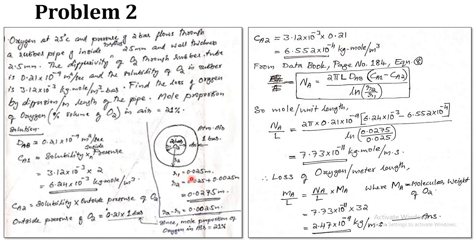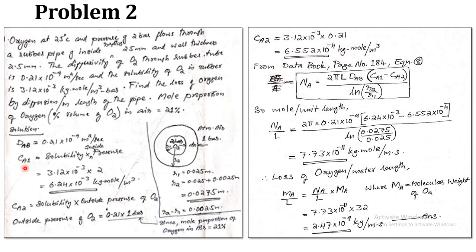So inside radius is 0.025 meter, thickness is given as 2.5 millimeter. So R2 is equal to inside radius plus thickness, we get 0.0275 meter. R2 minus R1 is the thickness. Now DAB is given.